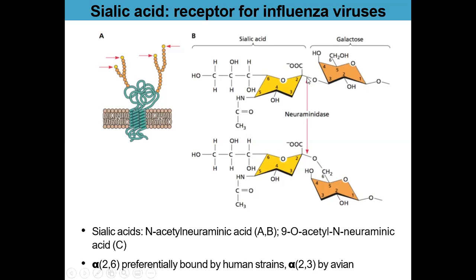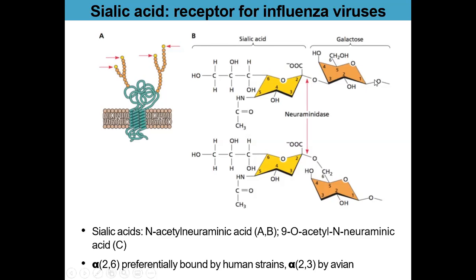You can see this particular bonding is shared by the birds as well as by human beings. So that's why sometimes we have viral infections from the birds, and birds can have viral infection from human beings, right?